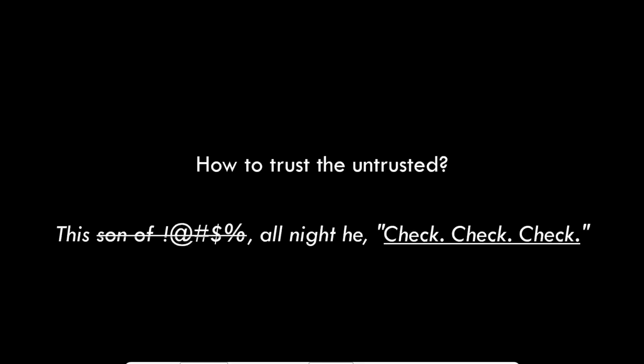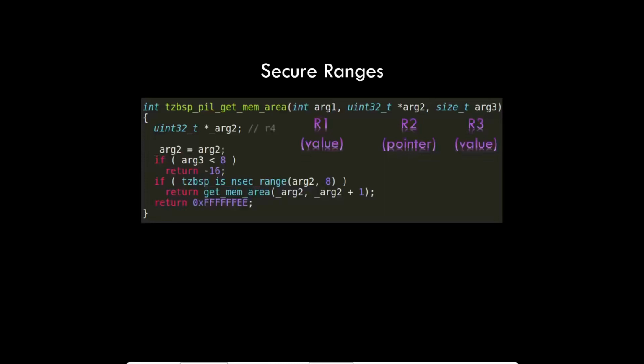So basically, how do you trust what comes from the REE? Well, you need to check, but check based on what? How do you know if the parameters that are passed from the REE are actually safe? So the first thing that should be verified and understood is that there are a few checks in every, or there should be in every, let's say, service here.